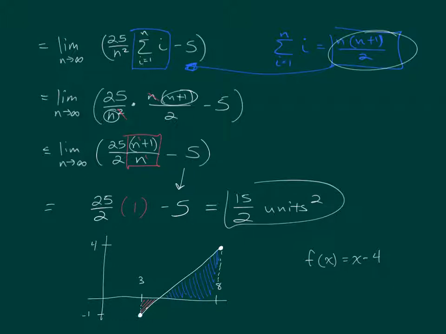Quickly analyzing this, we know that this blue triangle is 4 high and 4 wide, and that this triangle over here, this red one, is 1 high and 1 wide. And so the area of the blue triangle is, what, 8 square units? And the area of the red triangle is 1/2 a square unit.